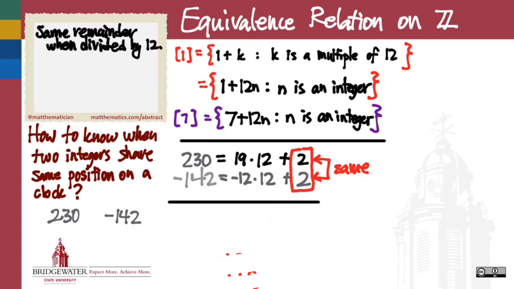But yeah, we're getting there. You're jumping the line a little bit. If what we care about is that those two remainders are the same, doesn't matter what they are, it just matters that they're equal, right? Then one way of removing the specific remainders from the equation is just by subtracting one of these equations from the other. And so what I'm going to get is, on the left-hand side of the equation, 230 minus negative 142. So minus a minus is going to give me a plus.